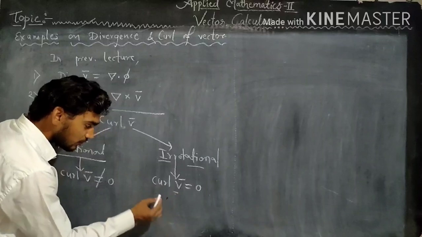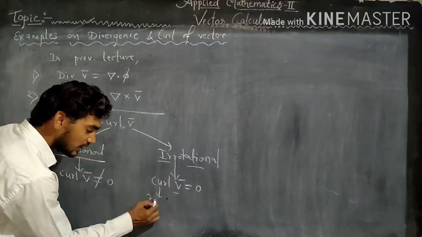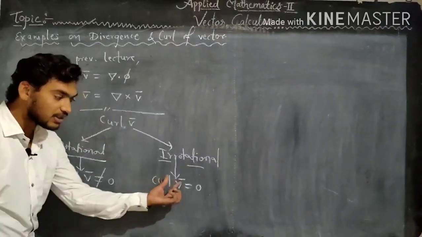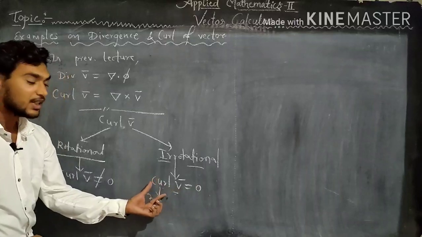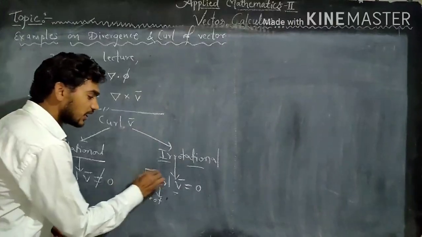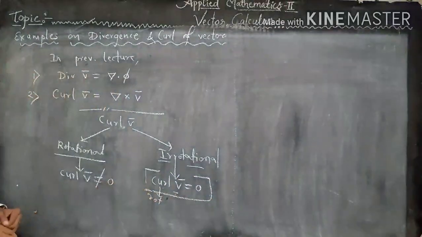It is also easy from here. If we consider curl as a rotation, and if rotation of vector v is 0, that is, it is not rotating. So this is the condition of irrotational.